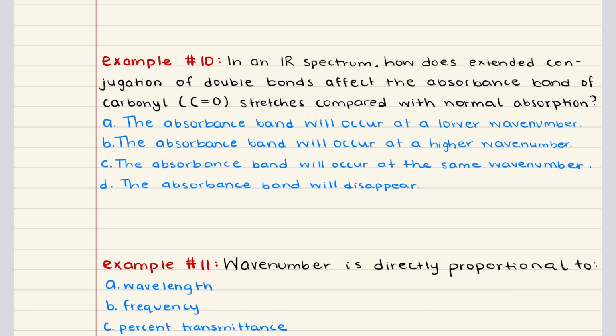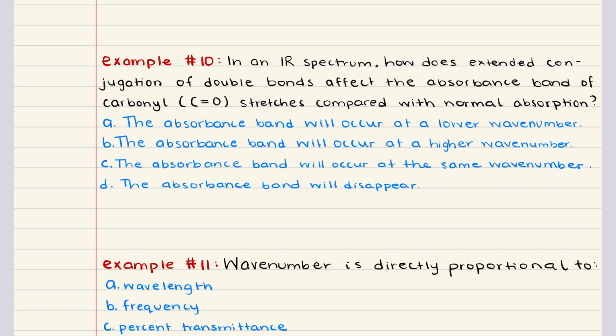This partial delocalization gives the carbon-oxygen bond more single bond character. And if a bond is weaker, it doesn't vibrate as fast and it stretches more slowly. So what does that mean in terms of IR? Well, a slower vibration corresponds to a lower energy.